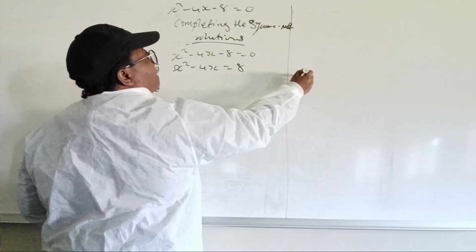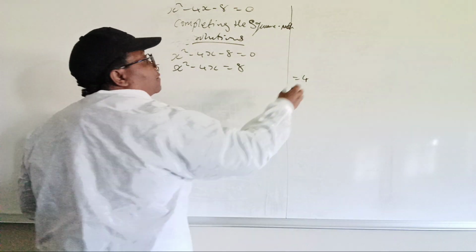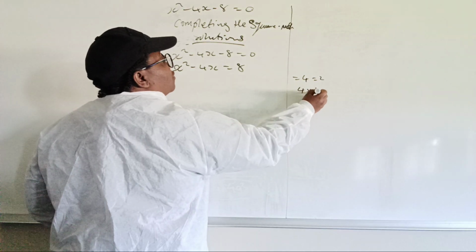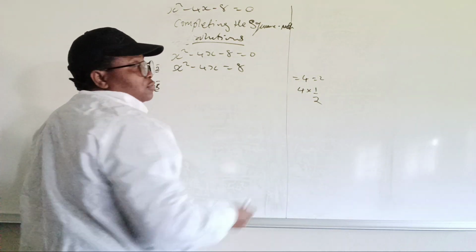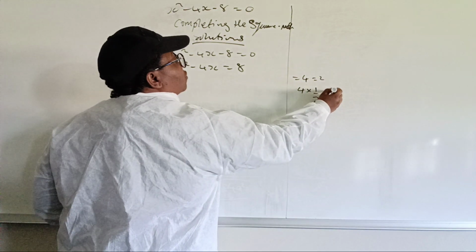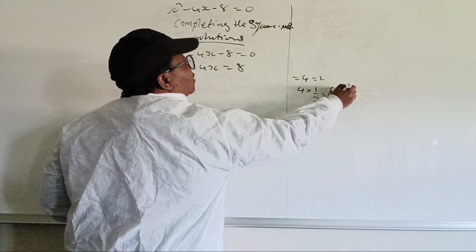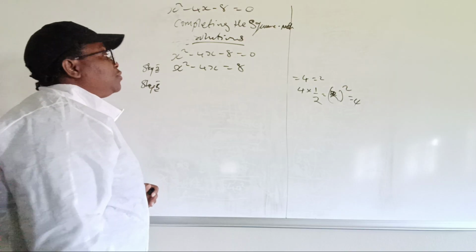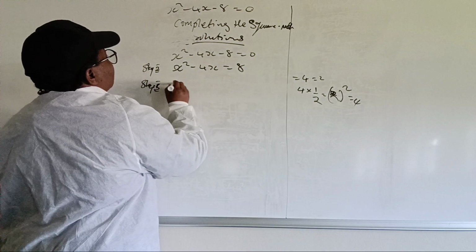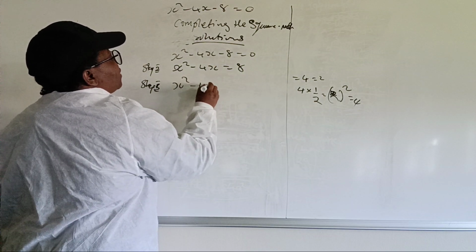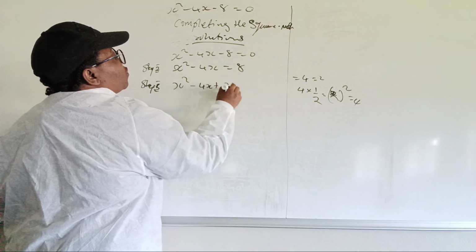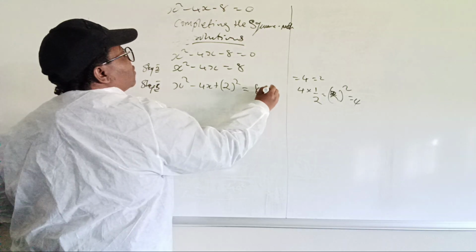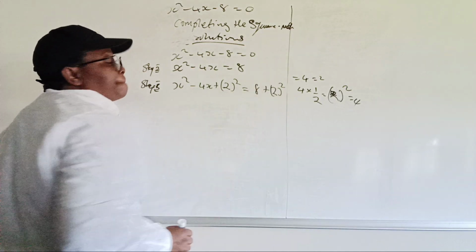Half of 4 is what? 2. How do we get it? 4 times 1 over 2, which is equal to 2. Then you square it, it gives you 4. Good. So I add it, it becomes x squared minus 4x plus 2 squared, is equal to 8 plus 2 squared.